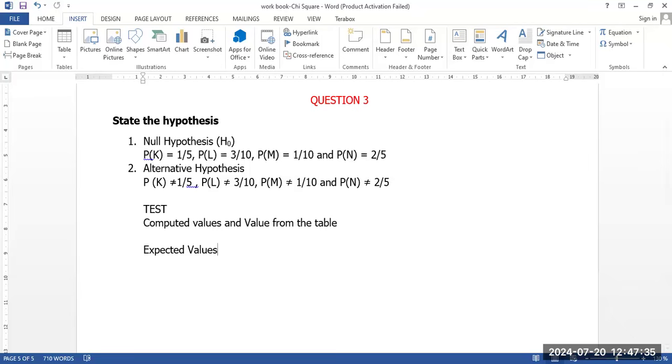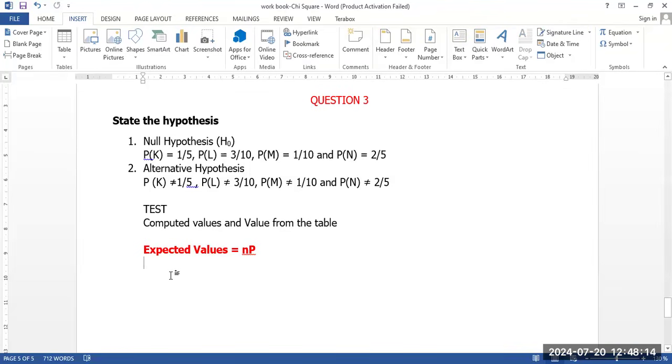Remember, to get the expected value, it is always N times P. This is the formula you are going to apply when you're given probabilities. On every observed value, we can get the expected value by applying this formula.